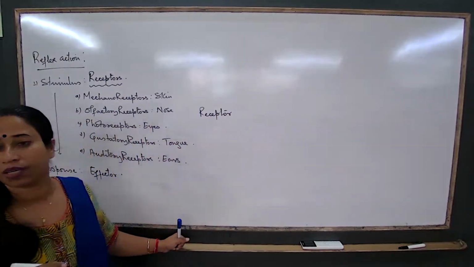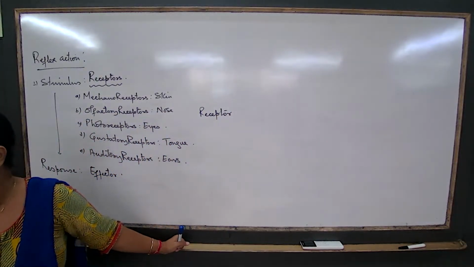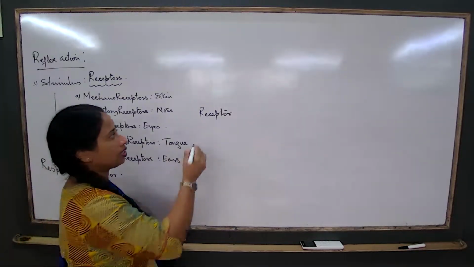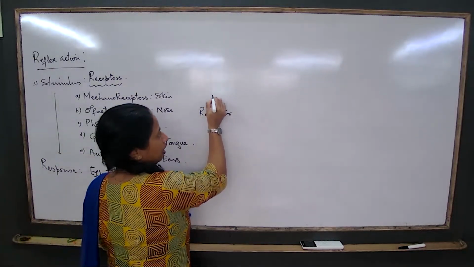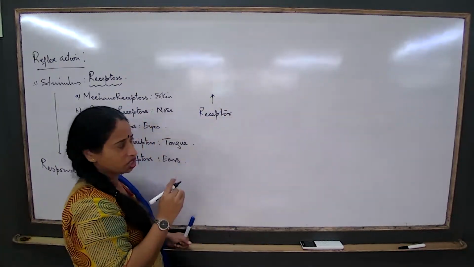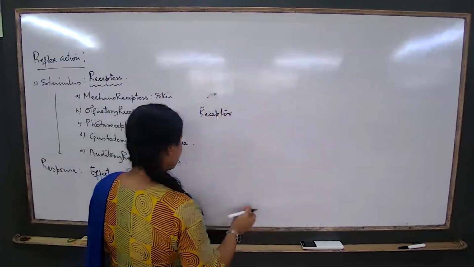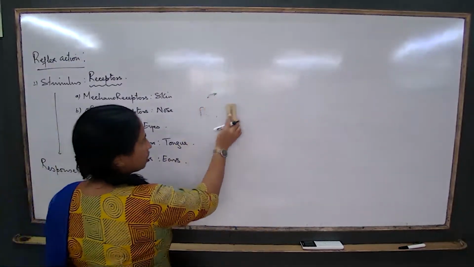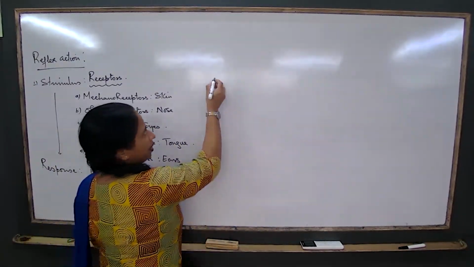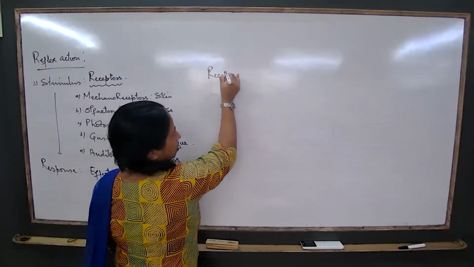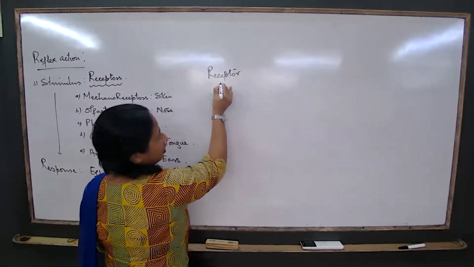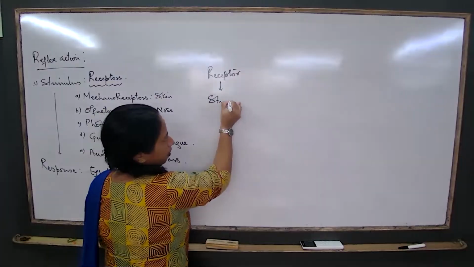Receptors can be certain parts of the body which are constantly receiving information. The receptor carries the message, gathering the stimulus.